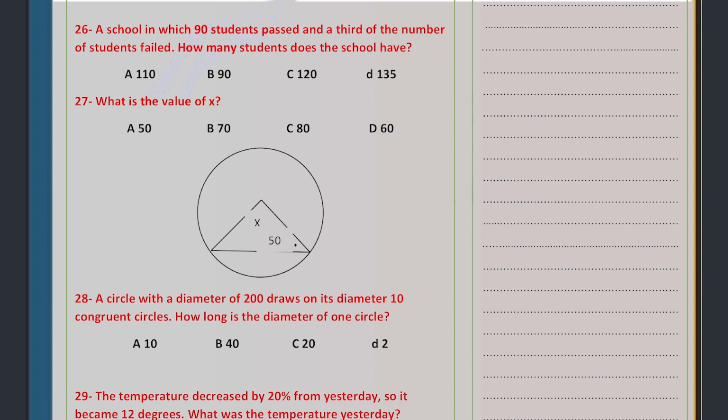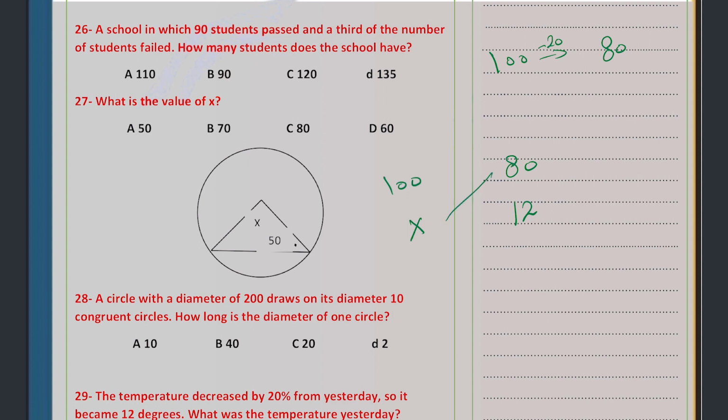Now, how can I calculate it? If yesterday was 100%, and then we decrease it by 20%, we have 80% now. So the ratio is 80 to 100. Today is 12 degrees. We need yesterday, how many degrees?